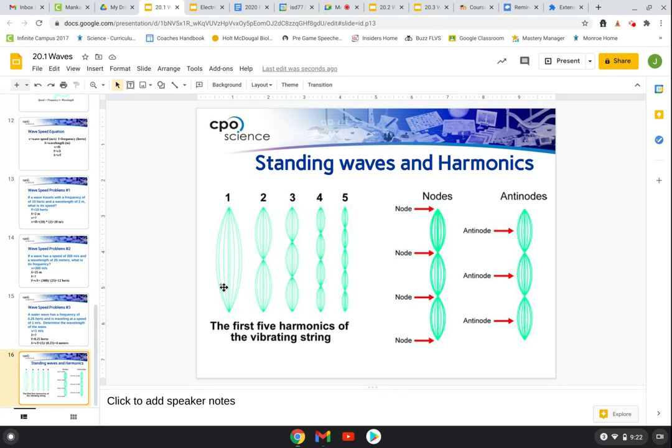If I told you to draw a standing wave with two harmonics, you would draw a wave with two antinodes or two humps. If I asked you to identify a standing wave with three harmonics, you'd choose this one because you count 1, 2, 3. Here's a standing wave with four harmonics, 1, 2, 3, 4, and you get the drift for 5.